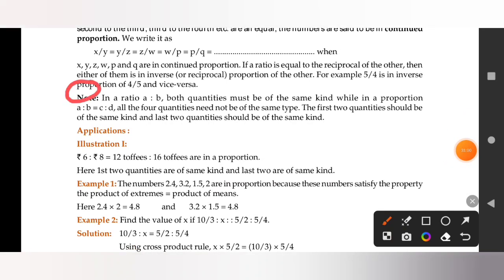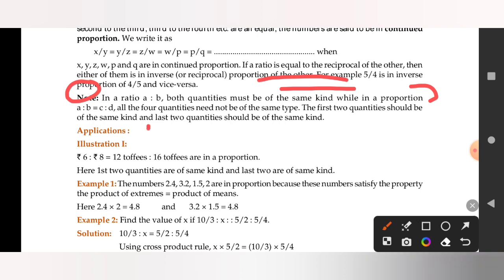Note. In a ratio A is to B, both quantities must be of the same kind. While in proportion, A is to B and C is to D, which are equal, all four quantities need not be of the same type. The first two should be of the same kind and the last two quantities should be of the same kind.